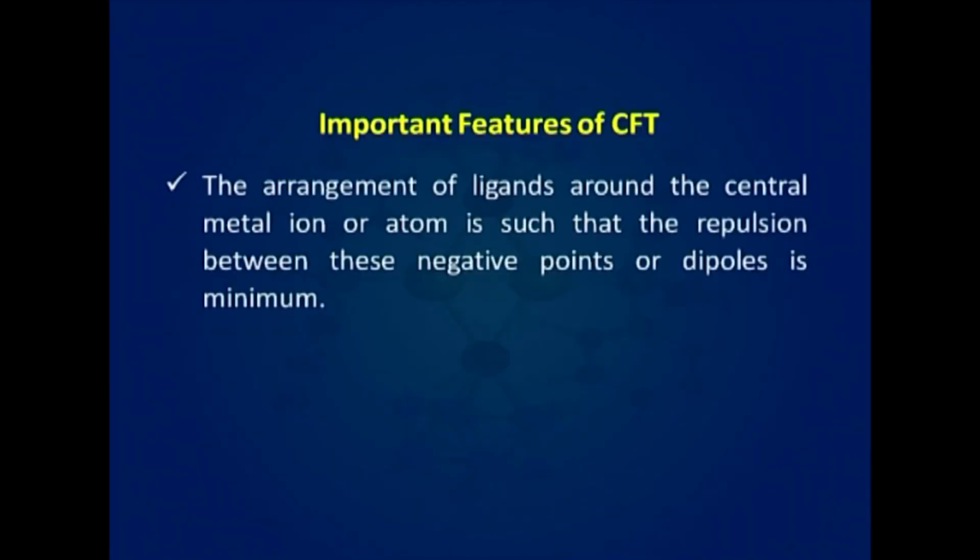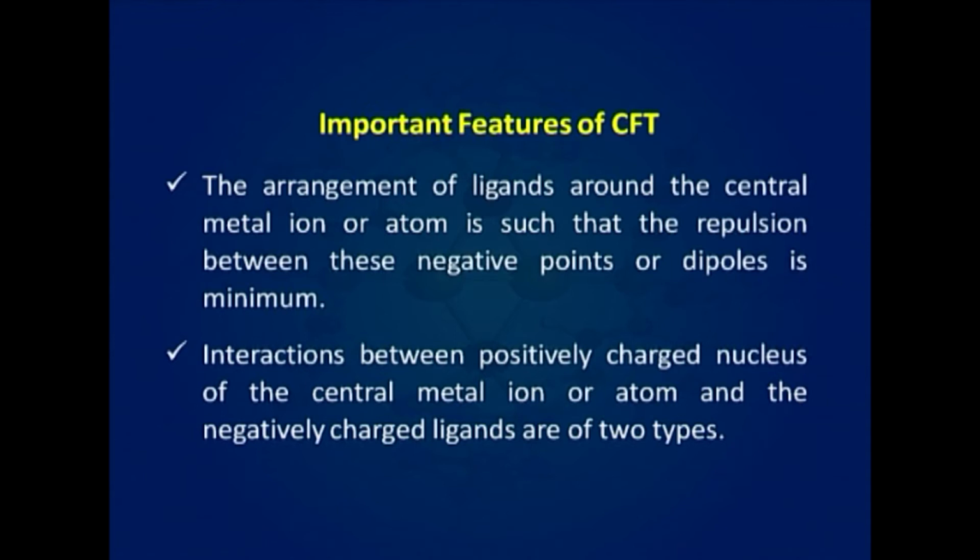The arrangement of ligands around the central metal ion or atom is such that the repulsions between these negative points or dipoles is minimum. Interactions between the positively charged nucleus of the central metal ion or atom and the negatively charged ligands are of two types.